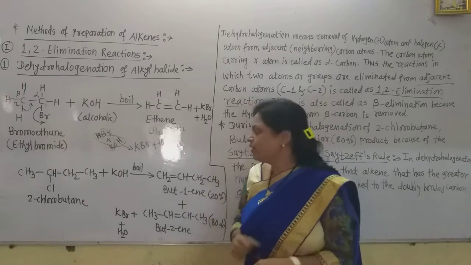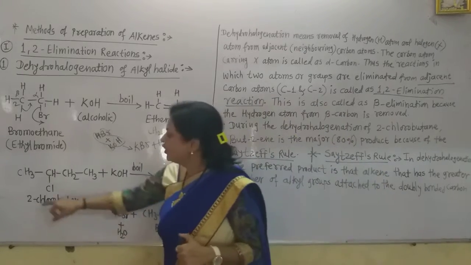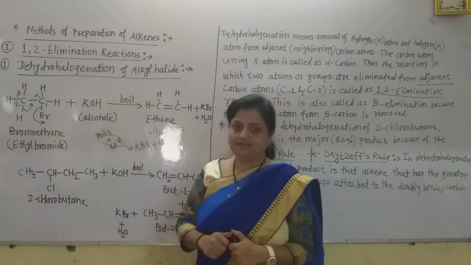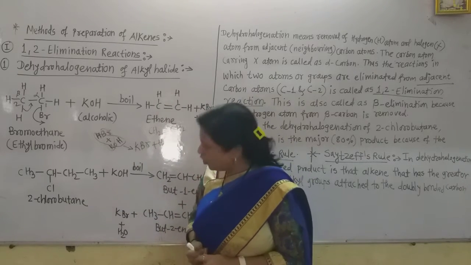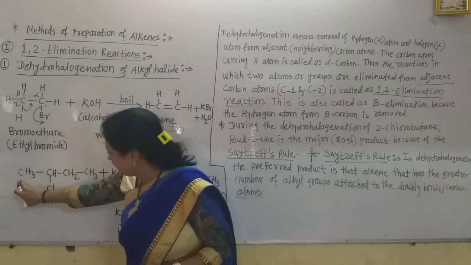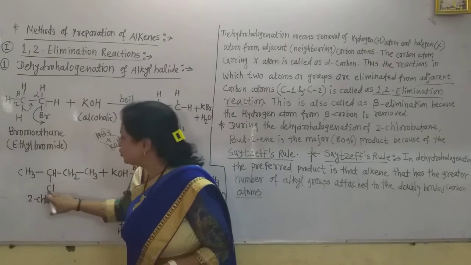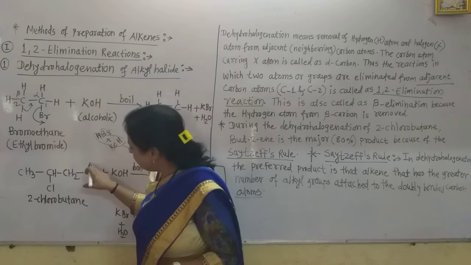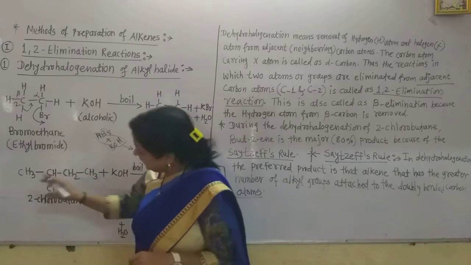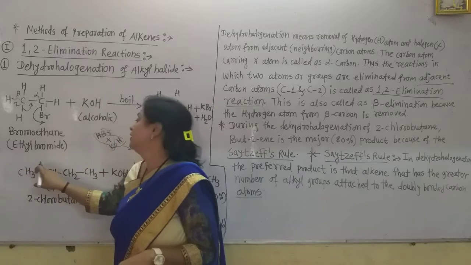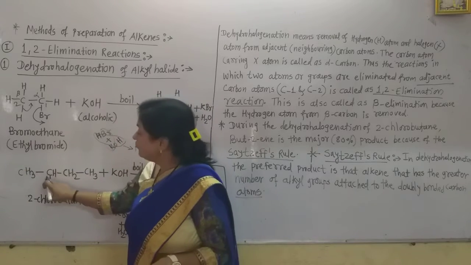See here. Now I draw the structure of 2-chlorobutane. This is the second example. Why is it 2-chlorobutane? Because we number from the end where the chlorine atom is closer. If we number 1, 2, 3, the chlorine is at carbon 3. But if we number from this side 1, 2, 3, 4, then the chlorine is on the second carbon.